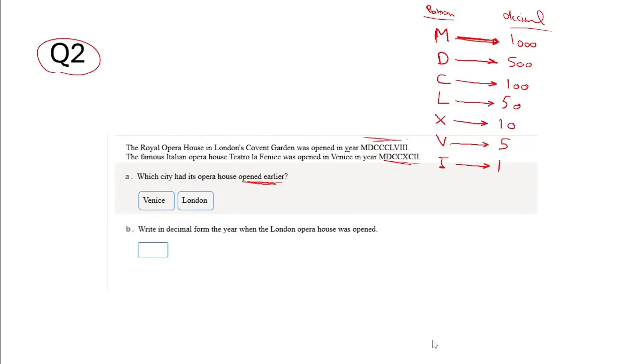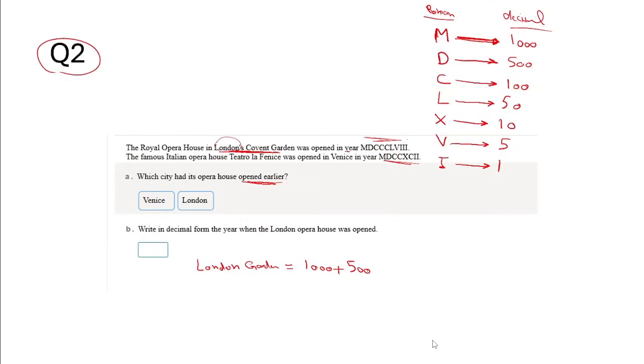Now we need to see the year for London's Covent Garden. How can we do this? To convert this to decimal, we have to add the numbers together. So for example, I will say here London garden will equal, for M, 1000. For D, 500.